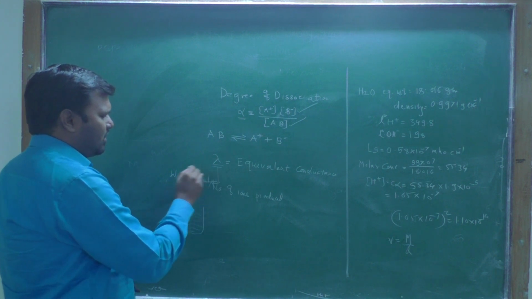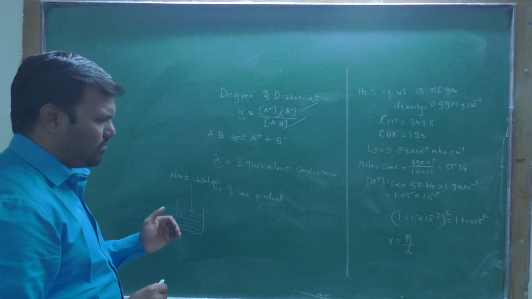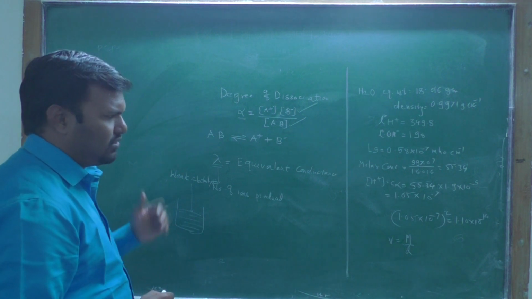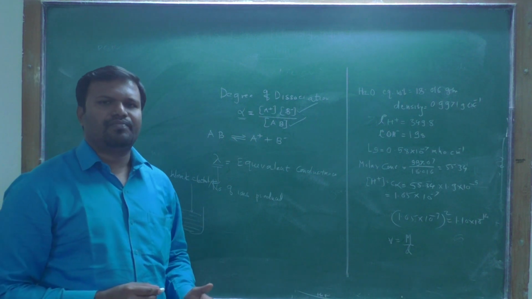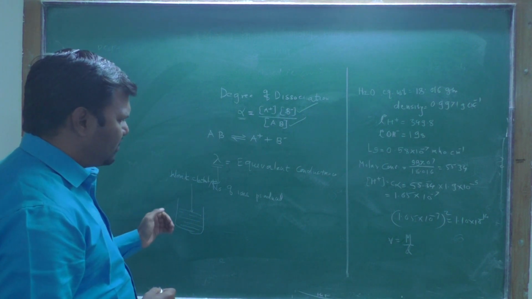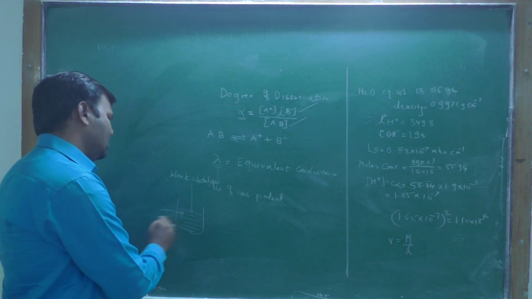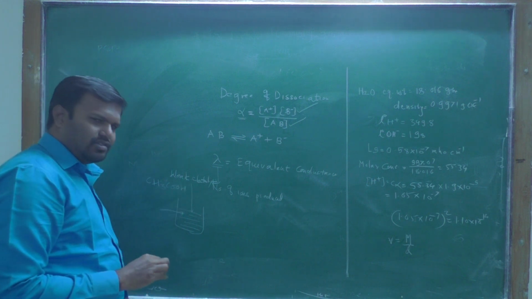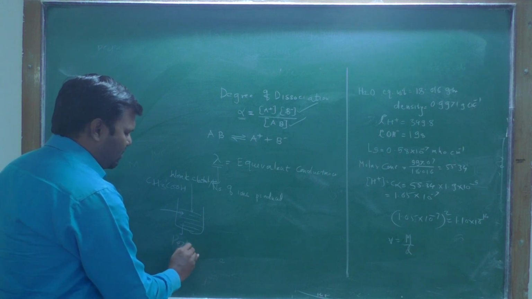We know the tendency of a weak electrolyte is to dissociate partially, very little, whereas a strong electrolyte dissociates almost completely. Acetic acid is a weak electrolyte, and it dissociates partially.